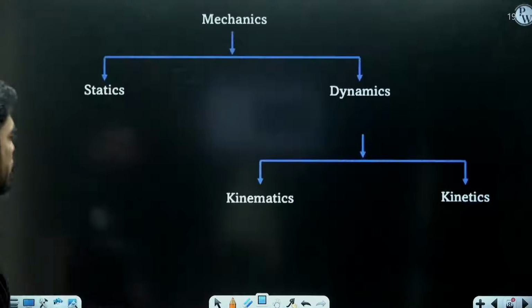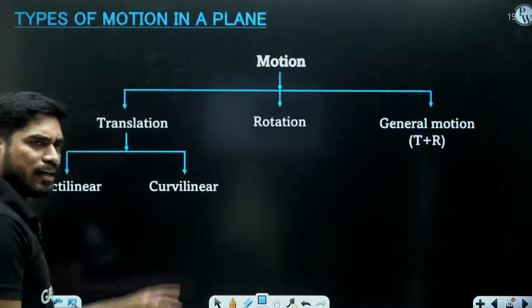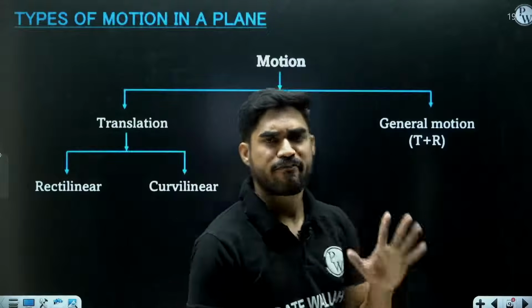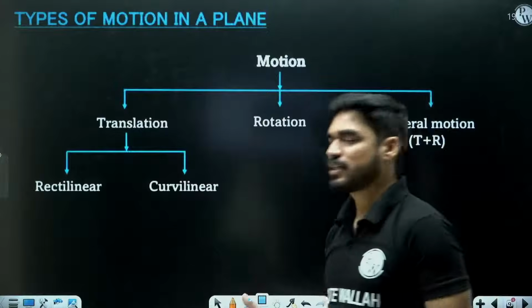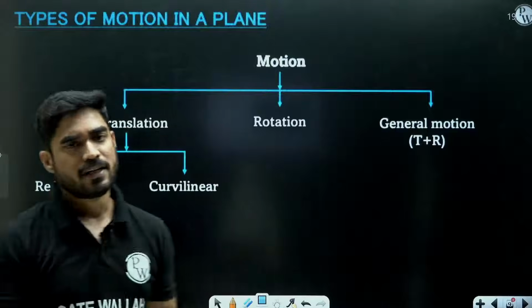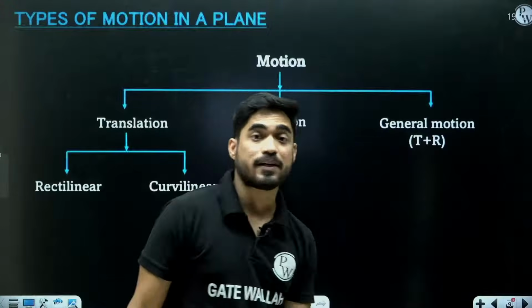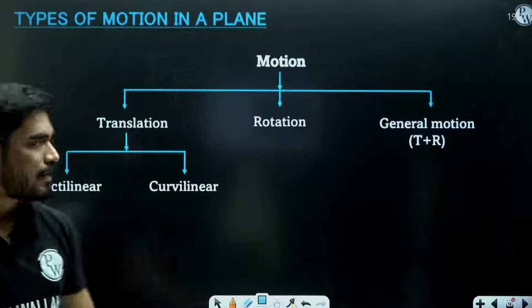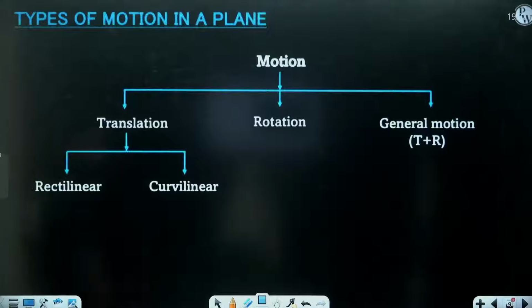We have seen translation motion in kinetics of particles, but here we will see all three types of motion, because rigid bodies can have translation, rotation, and also general motion. So we will understand all these three concepts in case of kinetics of rigid bodies.